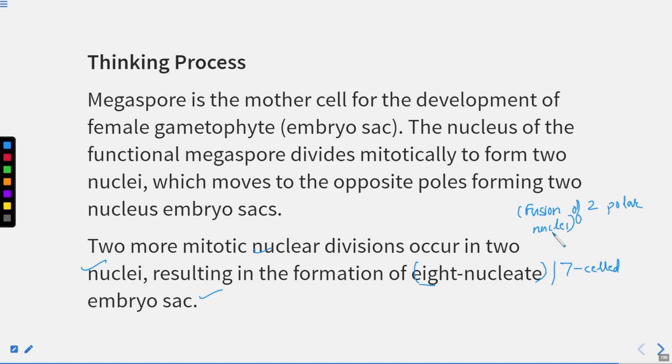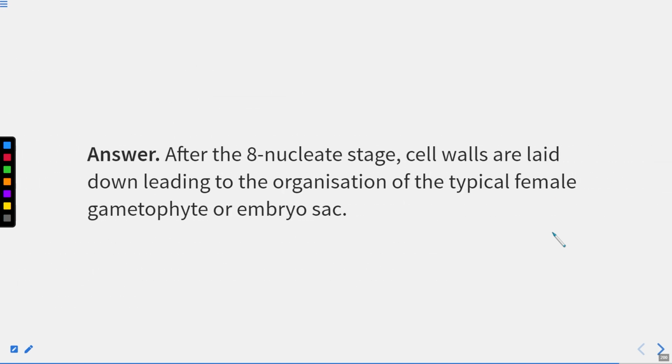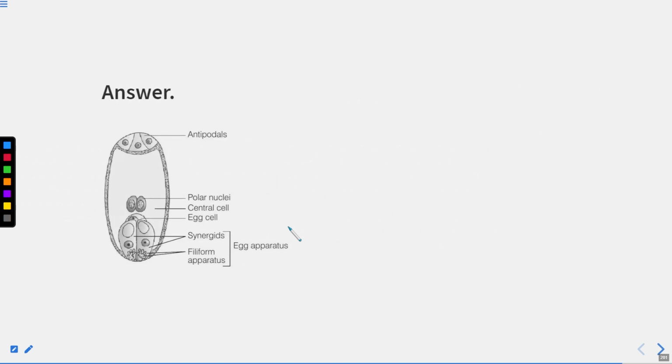That's why an 8 nucleate and 7 celled embryo sac is developed. After the 8 nucleate stage, cell walls are laid down, leading to the organization of a typical female gametophyte, which is also known as the embryo sac. Okay, so this is clear.